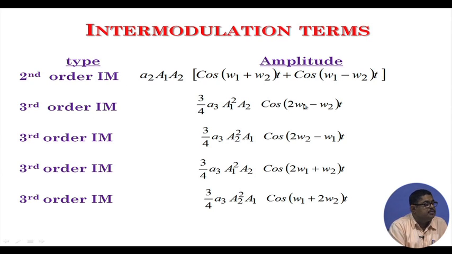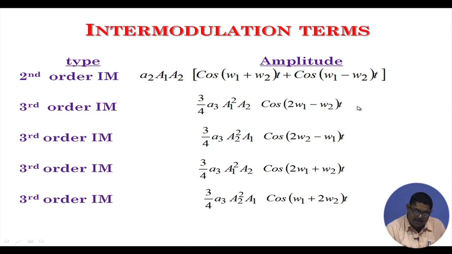Then third order IM, you see 2 omega 1 minus omega 2. So, 2 plus 1, that is why it is third order IM. Here you see 2 plus 1, that is why it is third order IM. Here 2 and 1, so 3; 1 and 2, so 3. So, all these are third order IM. That means the frequency components 2 omega 1 minus omega 2, 2 omega 2 minus omega 1, 2 omega 1 plus omega 2, omega 1 plus 2 omega 2, all these are examples of third order IM.